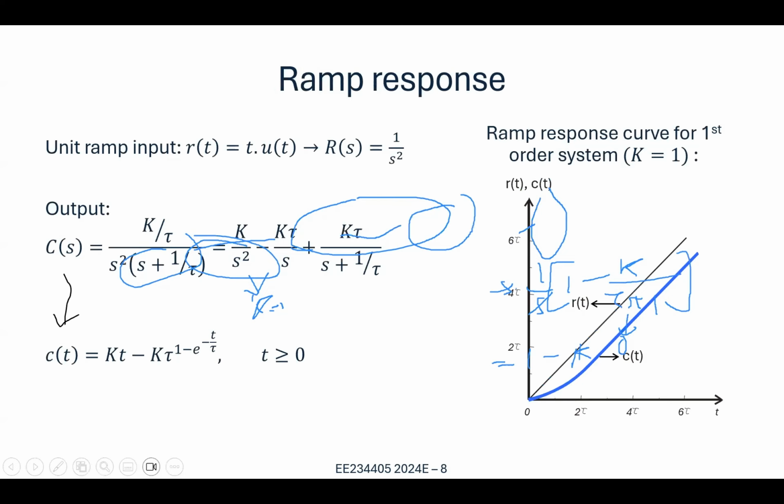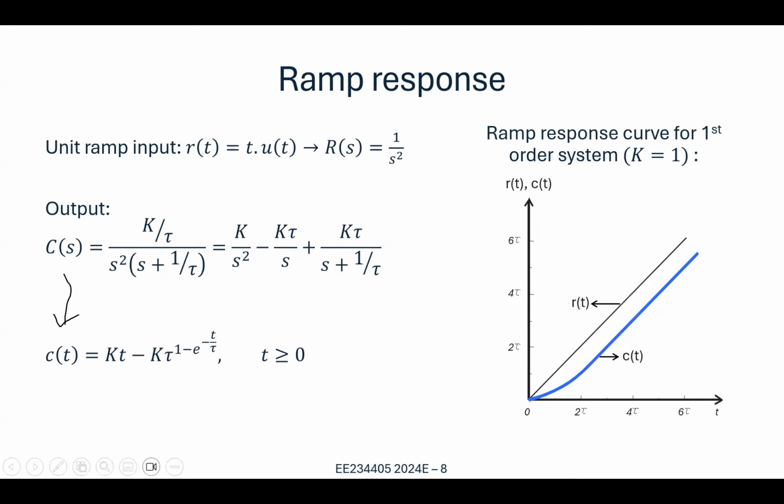Okay, so the third one here is the ramp response. We'll go through this relatively quickly. We have the unit ramp input r, which is the multiplication between t and u(t). Again, at time 0 it is 0, but at time t it is t, because t is positive, right?